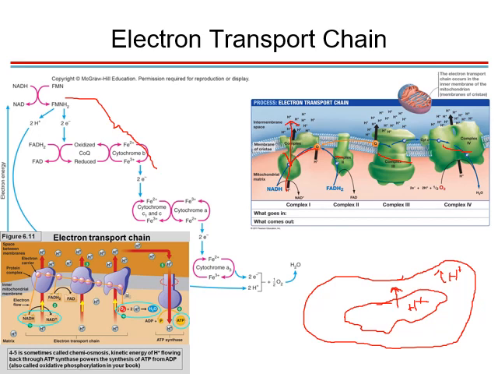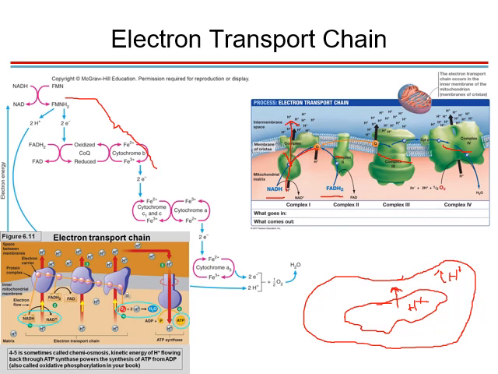Okay, so if you want an overall picture of this, you can think during glycolysis and the citric acid cycle, we were harvesting these electrons. We were reducing NAD and reducing FAD. We were picking up electrons along the way. Then we passed the electrons to the electron transport chain.